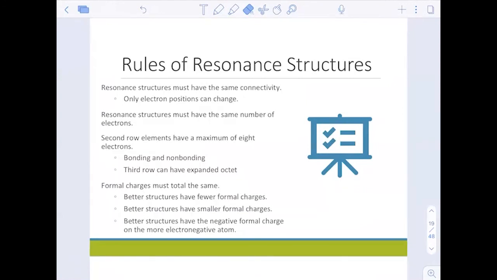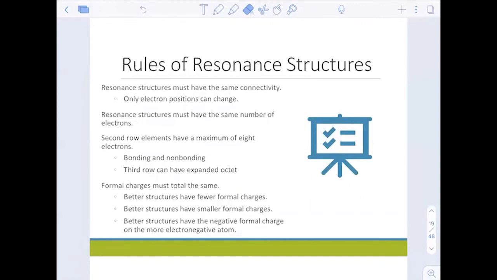Second row elements have that maximum of the octet rule. Third row elements can have expanded octets. Formal charges must total to be the same. Now, if the resonance structures have the same formal charges, then we just call them equal formal charge or resonance structures. And we'll see that with SO4 -2.